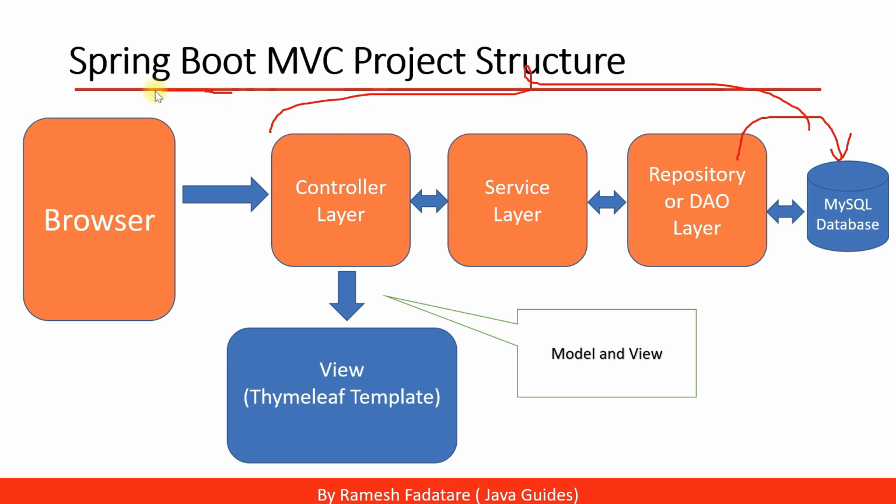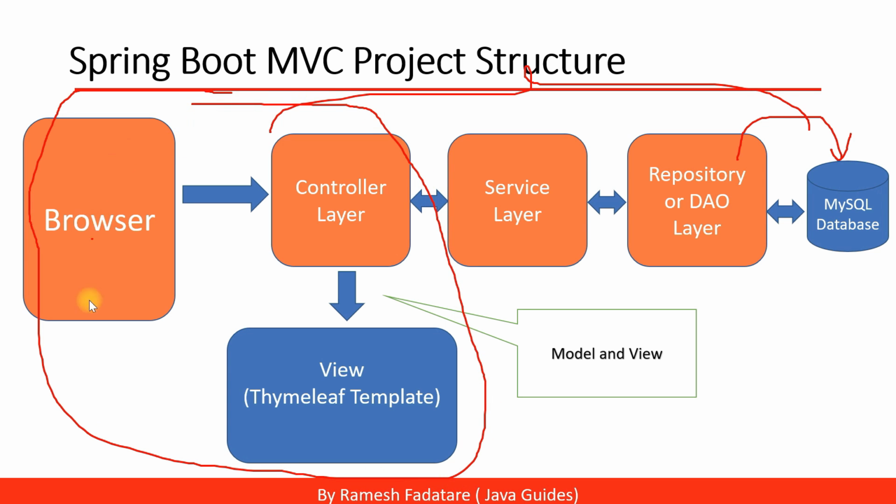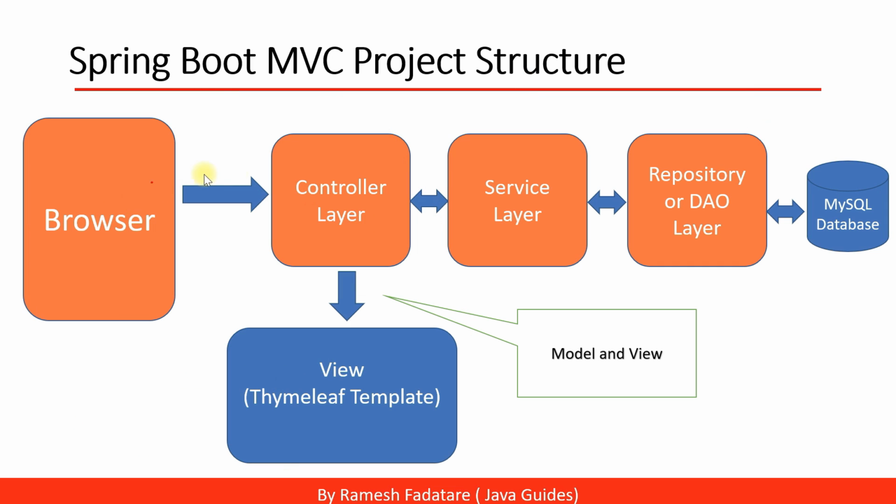Now let's come to the Spring MVC architecture. So look here, this is the MVC architecture, or you can say the MVC design pattern. We have a controller, view, and there is one more component called model. So the controller is basically responsible to process the request, and it will return the model and view to the browser to render the page.